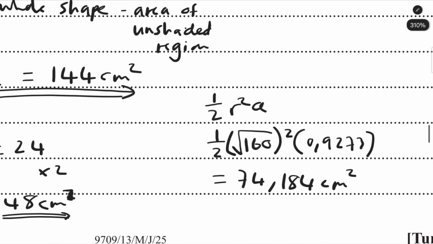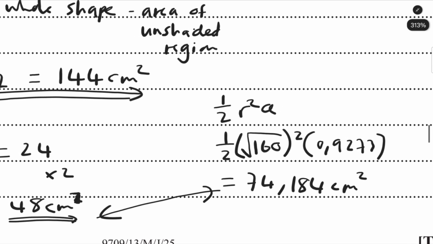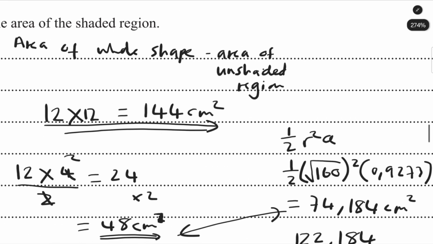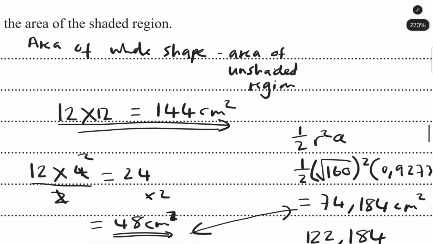So we're going to add these two values to get the total area of the unshaded part. So it will be 74.184 plus 48, and we get 122.184. Then we go back to our method where we said area of whole shape minus area of unshaded.